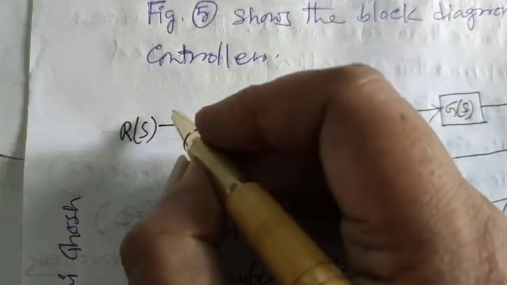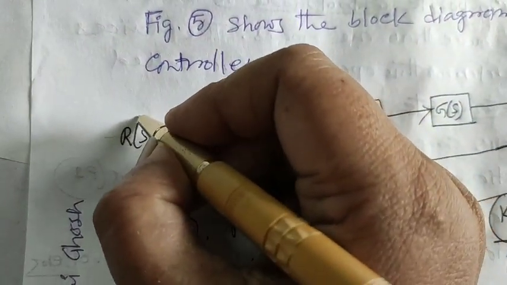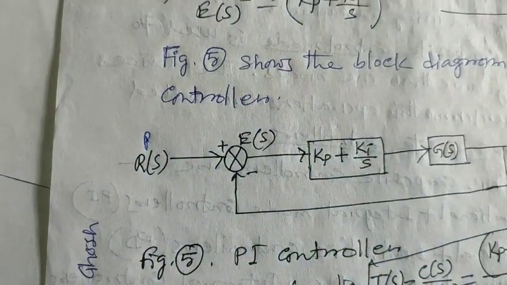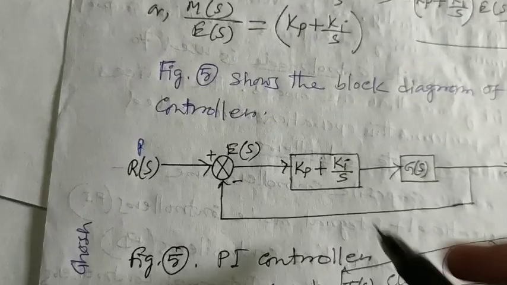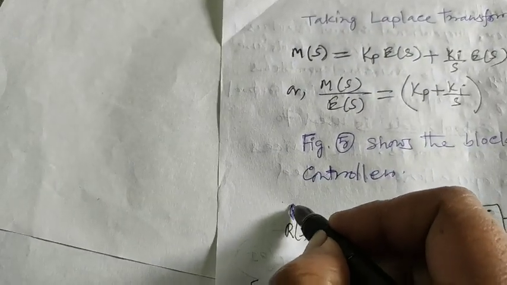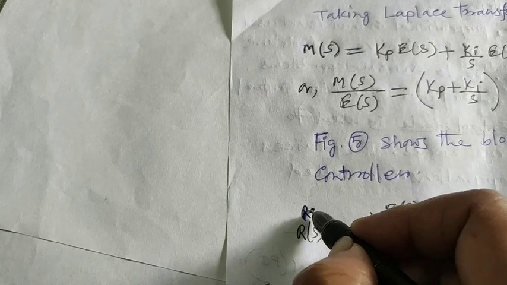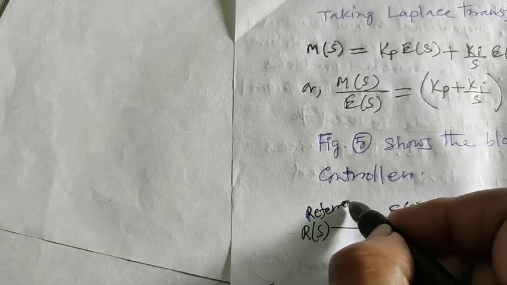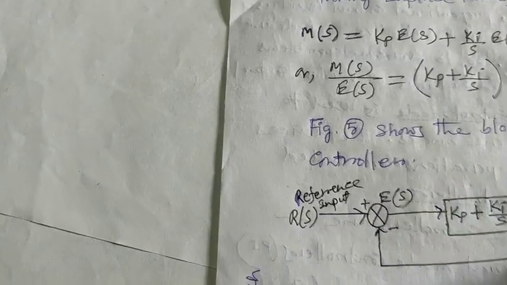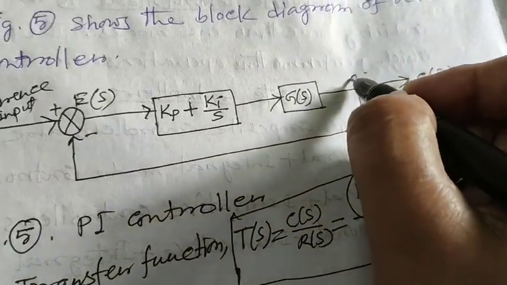In case of the PI controller, I didn't write it here, but it should be written. This is the reference input and this is the output.